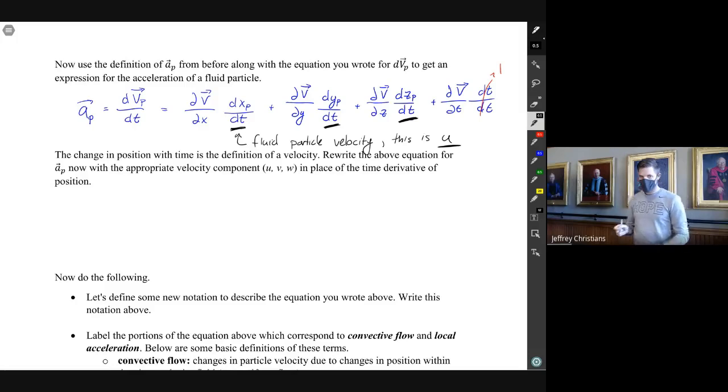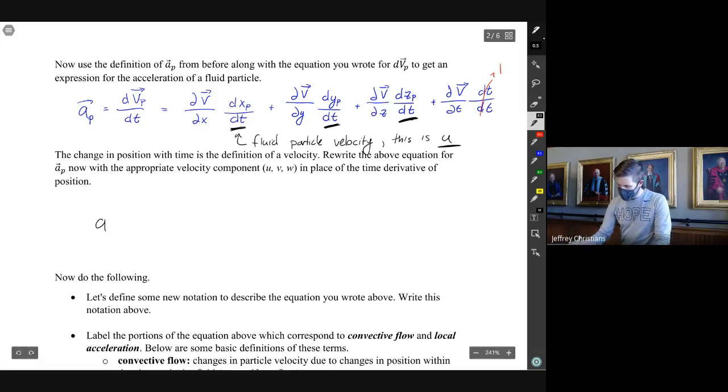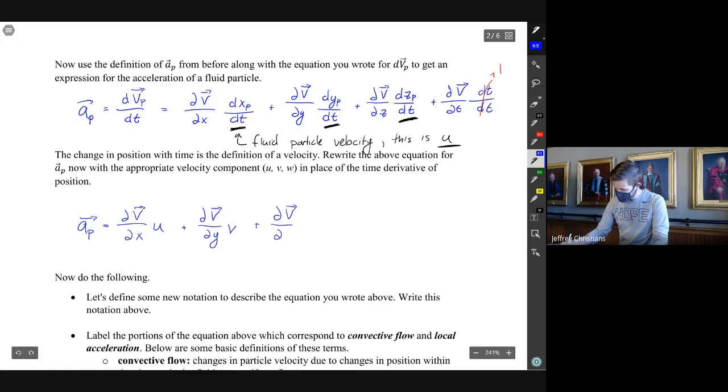So the acceleration of our particle equals partial v partial x times u, plus partial v partial y times little v, plus partial v partial z times little w, plus partial v partial t.